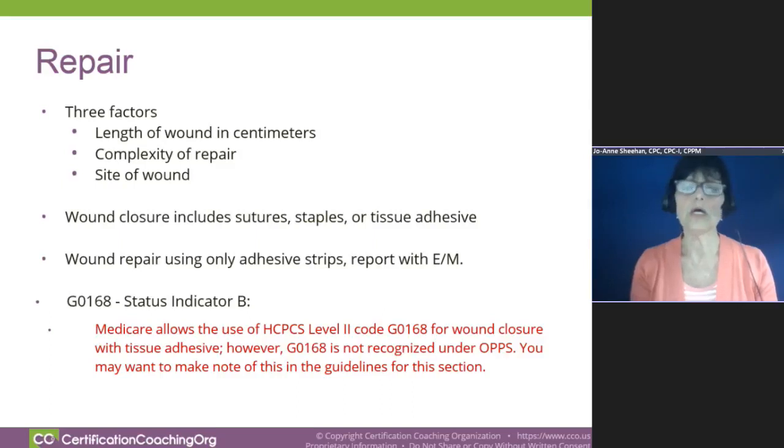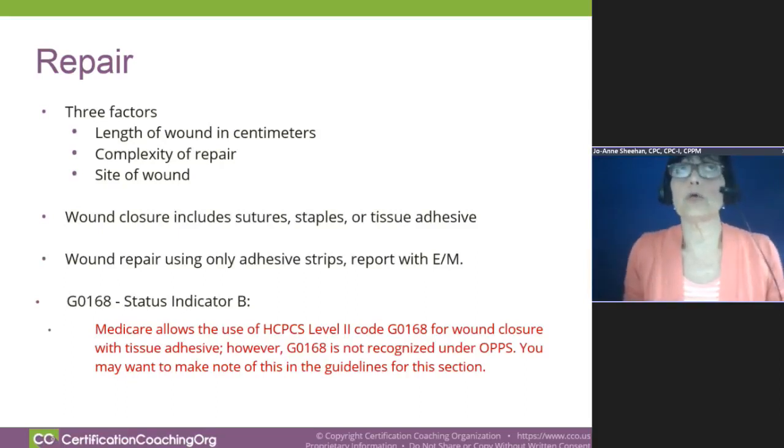So in other words, if you have a laceration and the doctor is just going to clean it out and give you adhesive strips, it may just be either an emergency room code, like 99282, or maybe in the office a 99212, something like that.